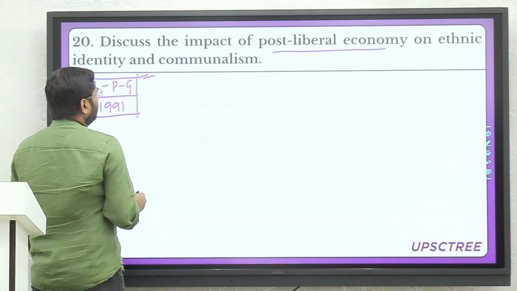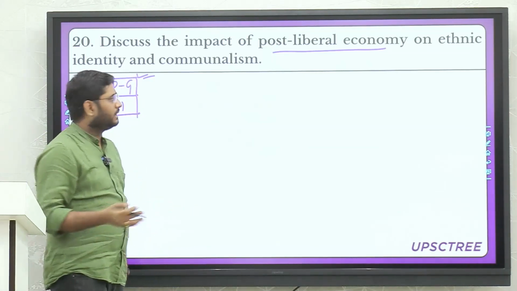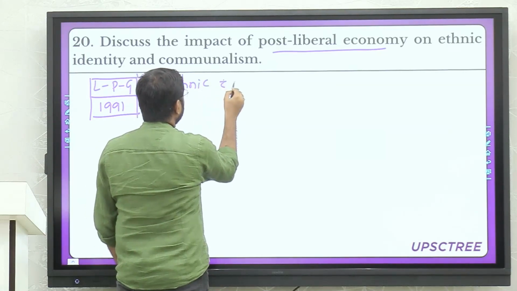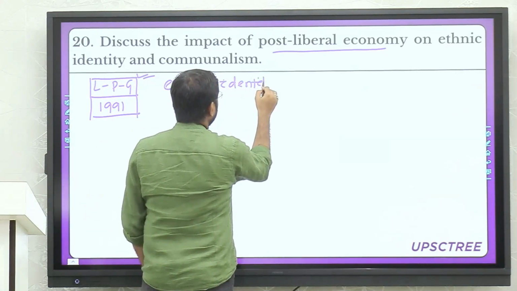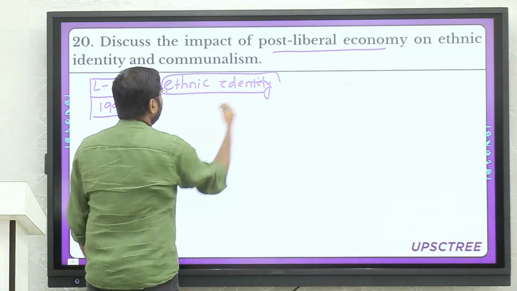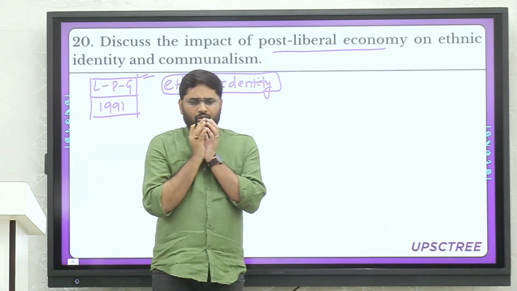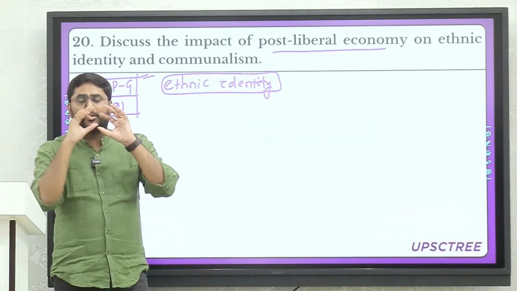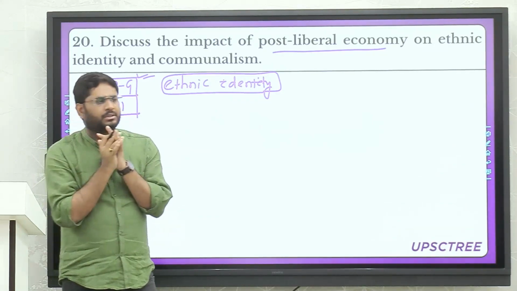Ethnic identity and communalism. See, one way: when we say ethnic identity, when we say we belong to a particular group, that means that group has some common values, common systems, common beliefs.